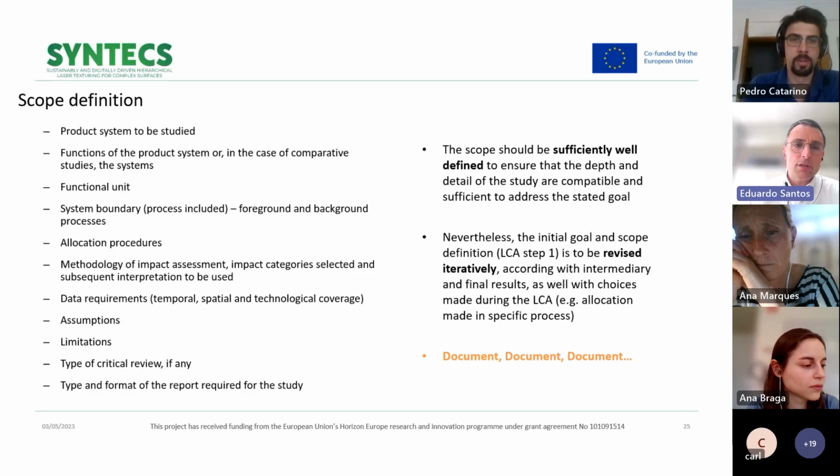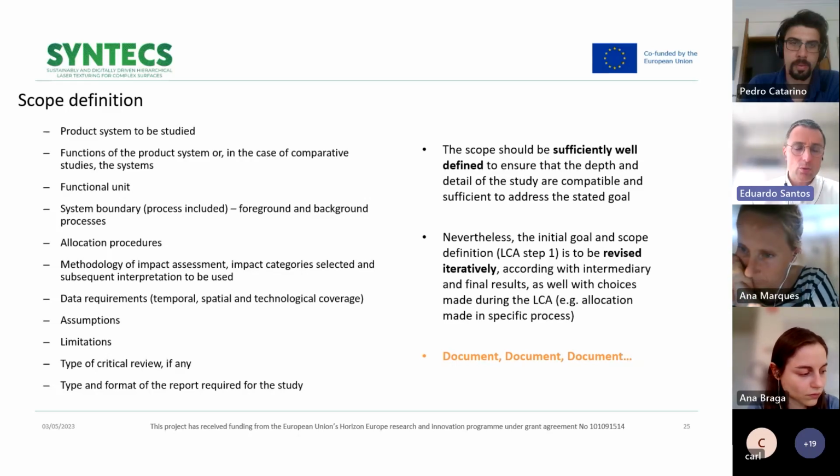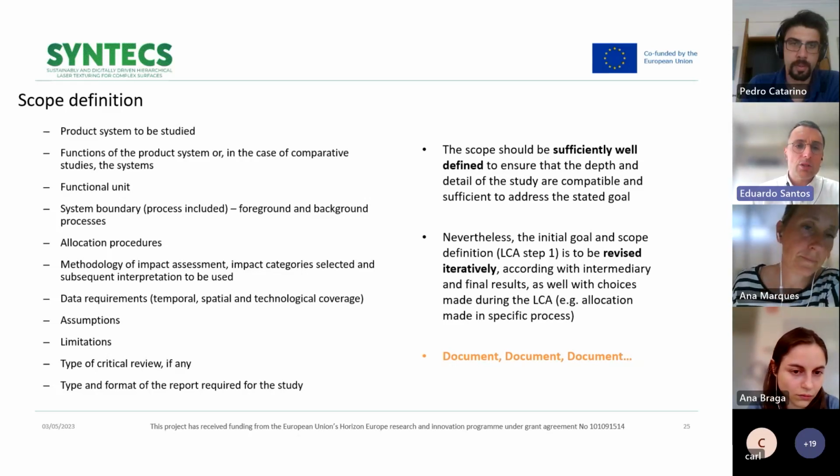So it's important to consider what product system will be studied, the functions of that product system, or if you are comparing it with other systems, you have to take into consideration the different functions of the different systems. You have to set, of course, the functional unit, and this is very important. So it has to be very clear what the functional unit is for which we are doing the study. And of course, the system boundaries.